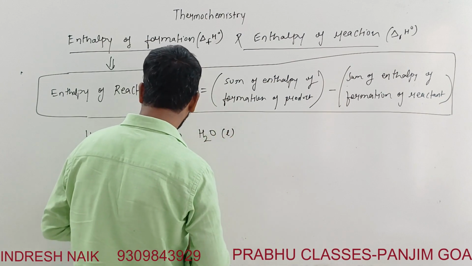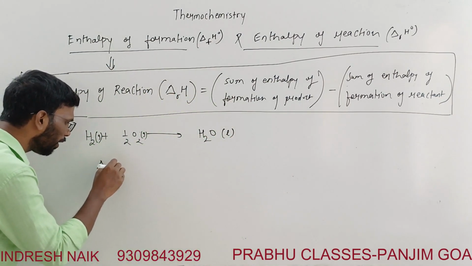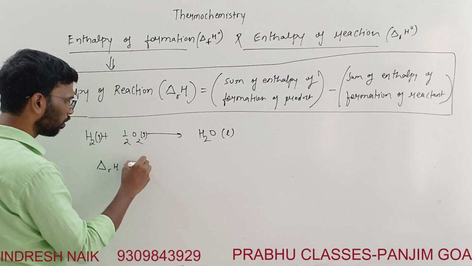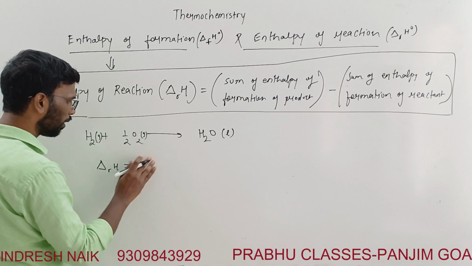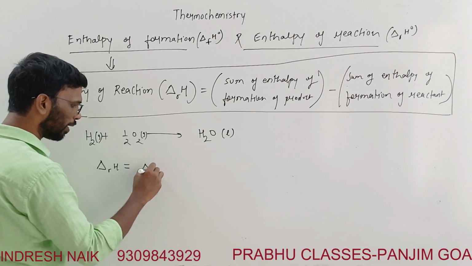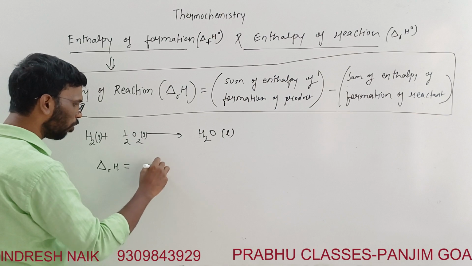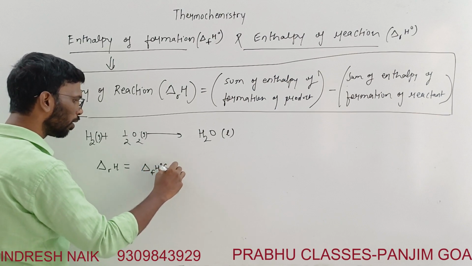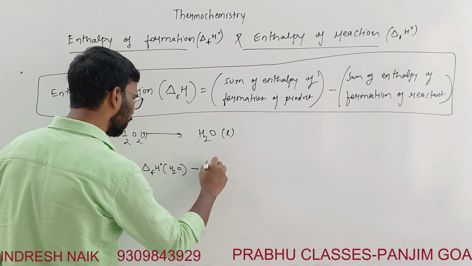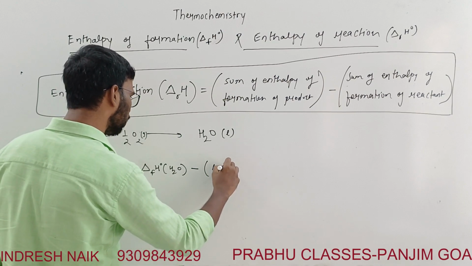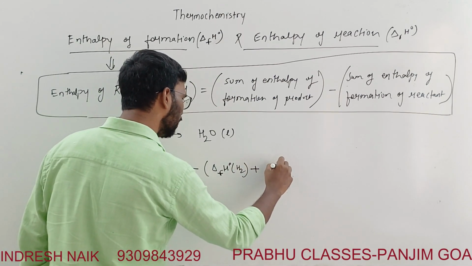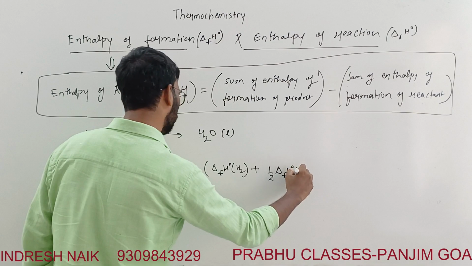Here, how do you write the enthalpy of the reaction? Enthalpy of the reaction is equal to enthalpy of formation of the product. How many products are there? Just one product is there. So it is enthalpy of formation of H2O minus enthalpy of formation of H2 plus half times enthalpy of formation of O2.